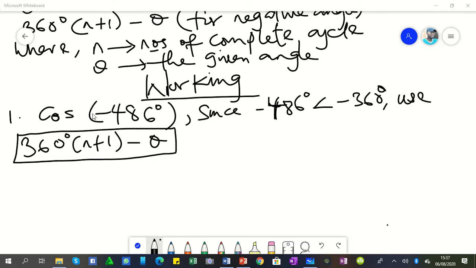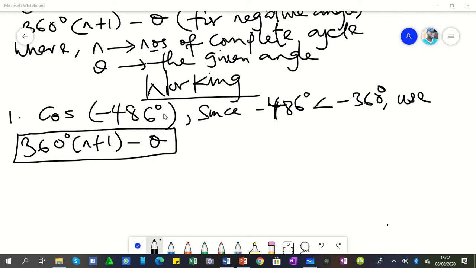Now, the size of this angle is always positive. This minus just shows that the measurement started in the clockwise direction. Positive angles are measured in anti-clockwise direction, while negative angles are measured in clockwise direction.